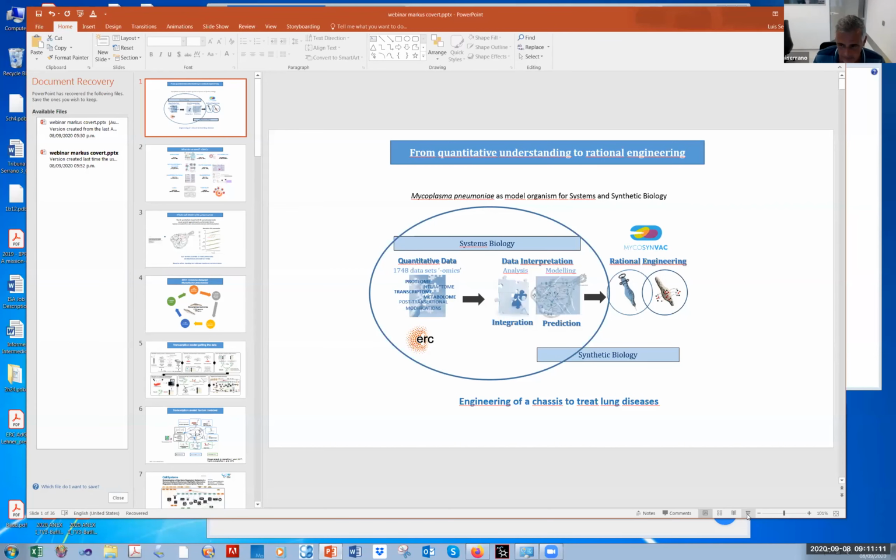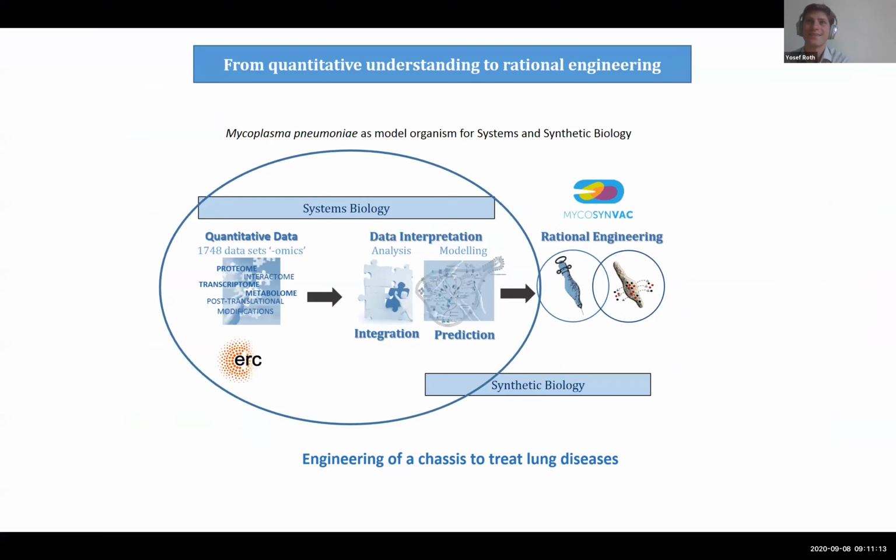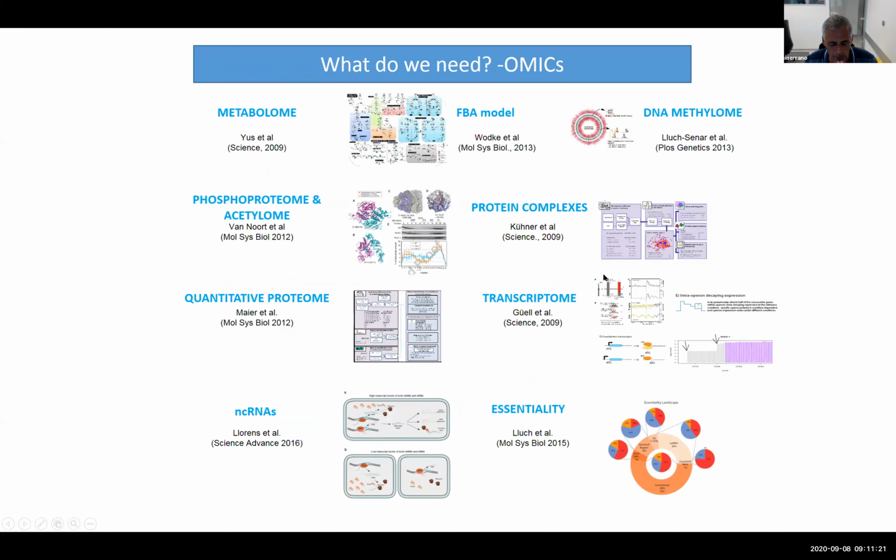Now? Yes. Okay, so this is the first slide, the one I was saying, of what we are doing from systems to synthetic biology. If you want to make a whole cell model, of course, you need to have a lot of data. And over the years, we have collected probably one of the most comprehensive data sets on a single organism by a single lab.